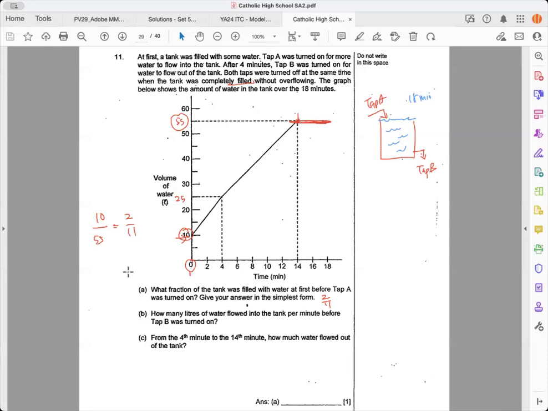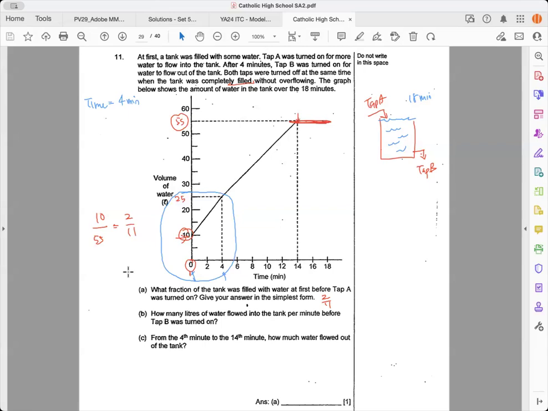Part B, how many liters of water flowed into the tank per minute before tap B was turned on? So we are talking about this part only, okay? During this part, the time is 4 minutes, from 0 to 4. So the water has been flowing from tap A into the tank for 4 minutes.